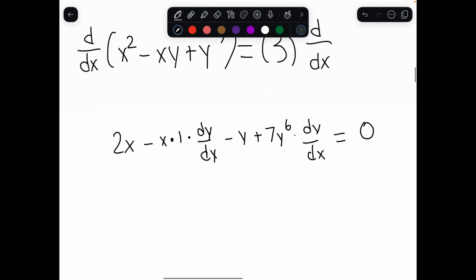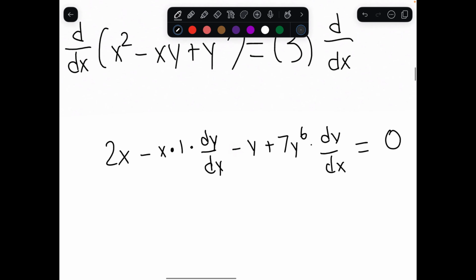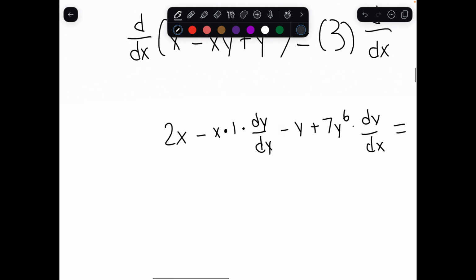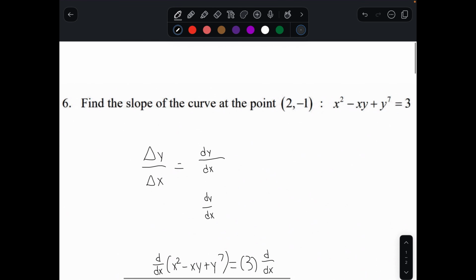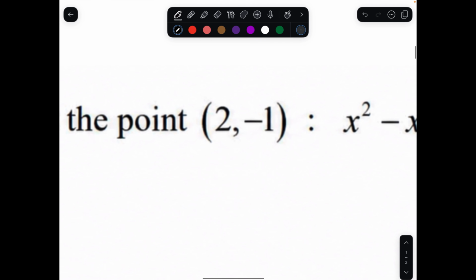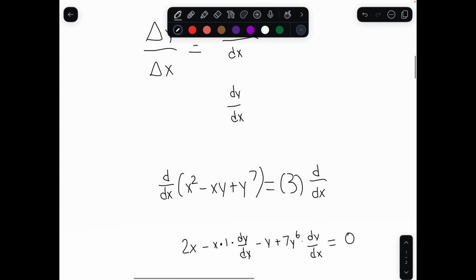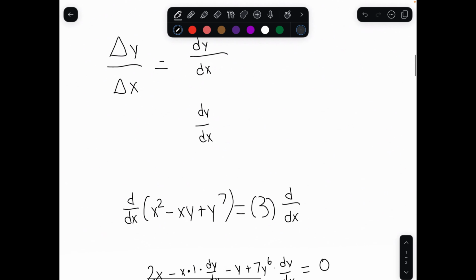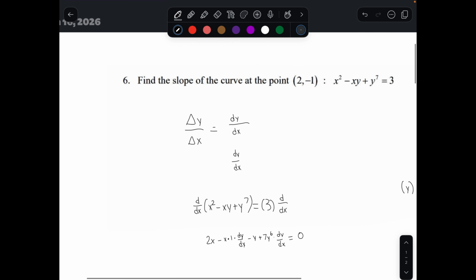Now we're solving for dy/dx, so we can start to plug in our point, (2, -1). Wherever you see x, plug in 2, and wherever you see y, plug in -1.